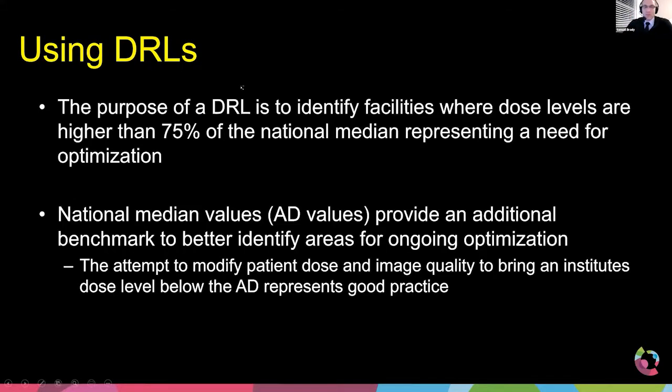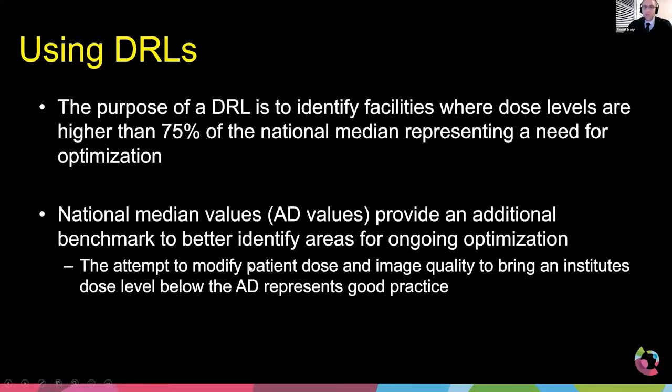All right, so the purpose of a DRL is to identify facilities where dose levels are higher than the 75th percentile of the national median, representing a need for optimization. National median values, or these AD values, the achievable dose values, provide an additional benchmark to better identify areas for ongoing optimization.